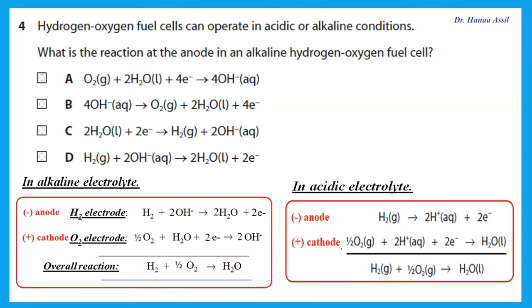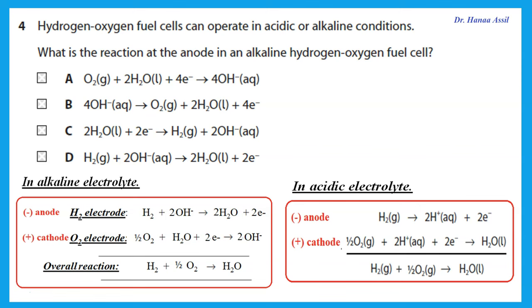So in an alkaline medium, the hydrogen gains OH minus, but in the acidic electrolyte, the hydrogen becomes 2H plus. The cathode is the positive electrode where reduction happens.